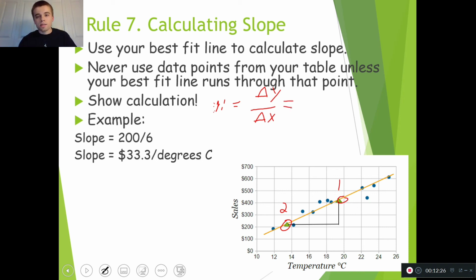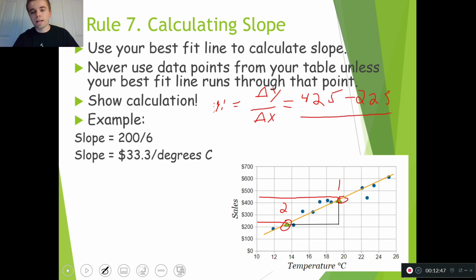In this case, we're going to take our y of point 1, which if we trace it over here, is probably right around 425, minus our y value from our point over here, which is probably right around 225.